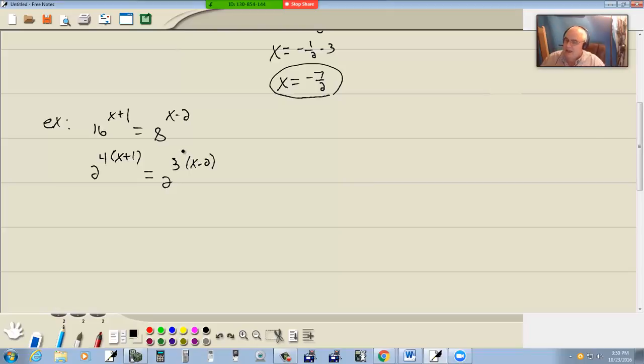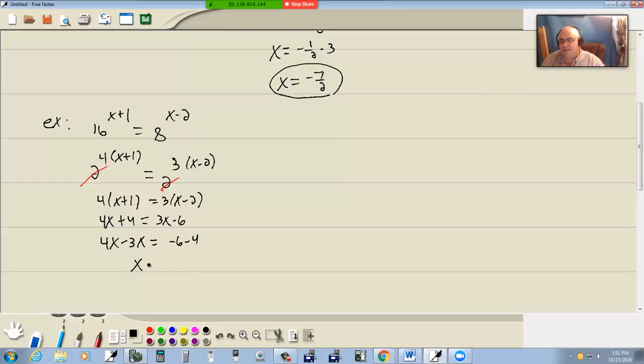Now notice that these already have an exponent. So when we put our new exponent up there, we put multiplication in between. Well, now they're both 2 to a power, so those 2's are going to cancel. And I set the exponents equal to each other. So that gives us 4x plus 4 is equal to 3x minus 6. Get everything with an x on one side, so I take 3x over, take the 4 over. 4x minus 3x is 1x or x. Negative 6, negative 4 is negative 10. And that'd be your answer.